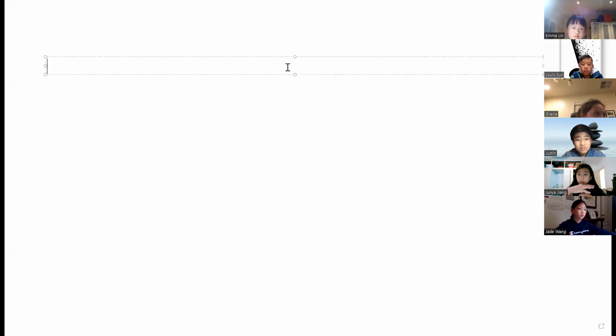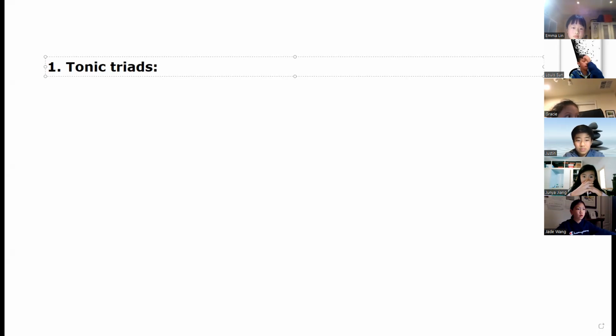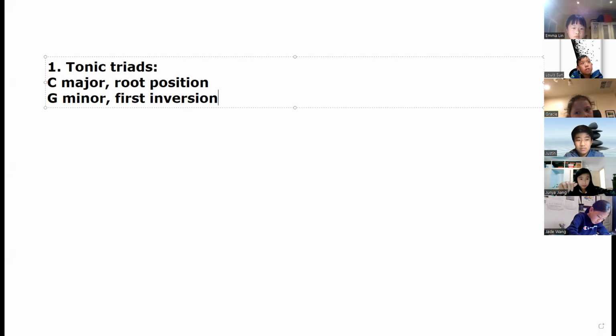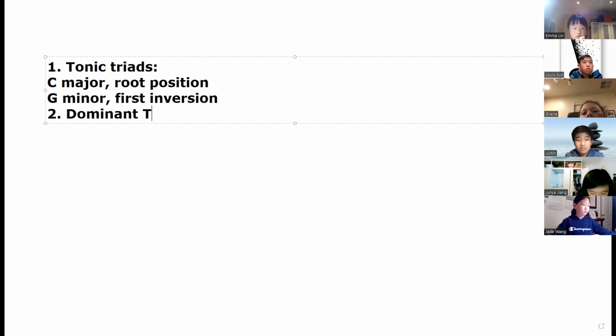Okay, so first, tonic triads. C major, root position, G minor, first inversion, and dominant triads.